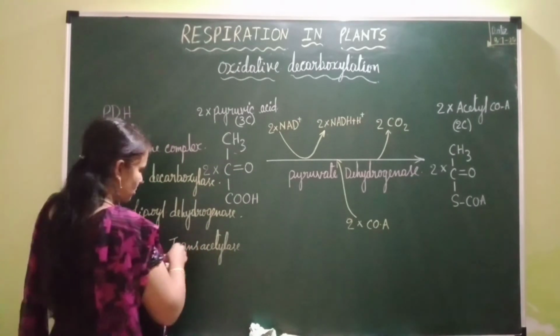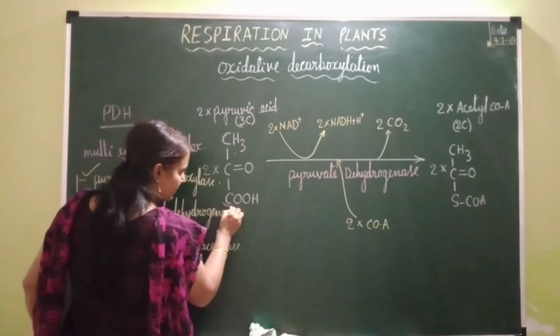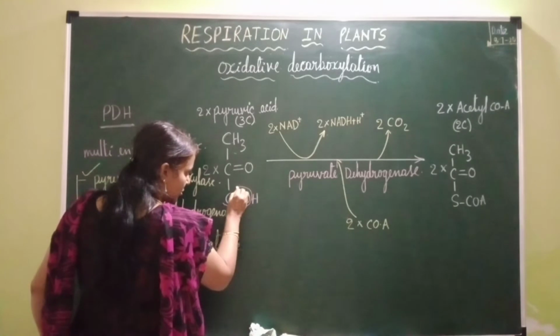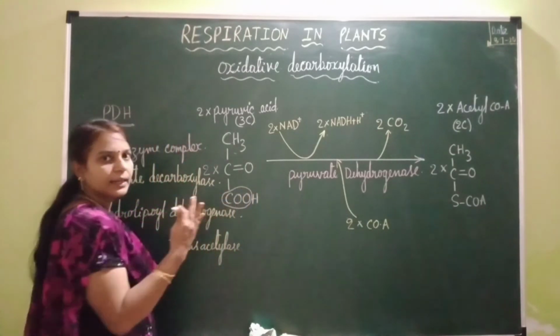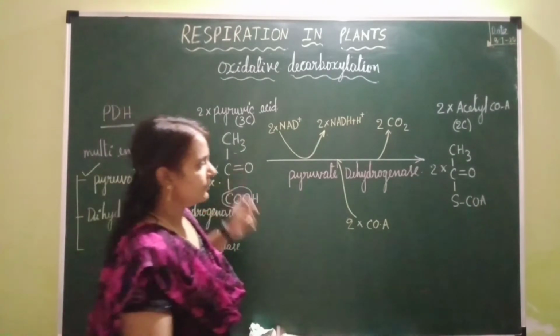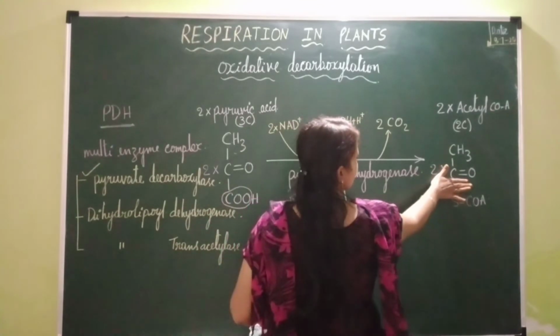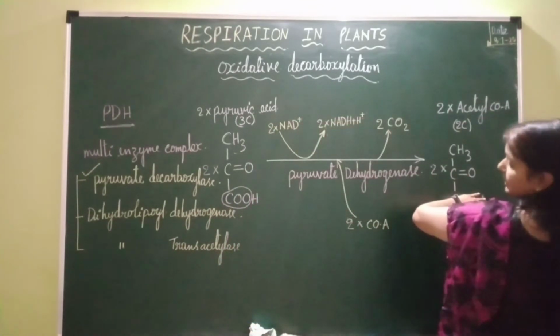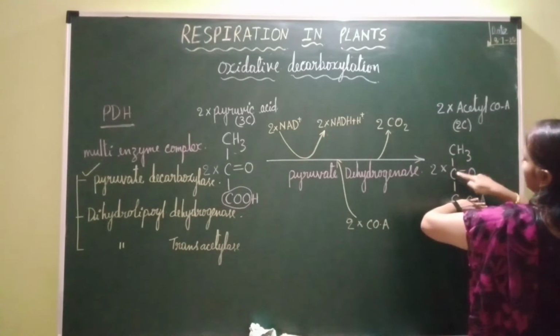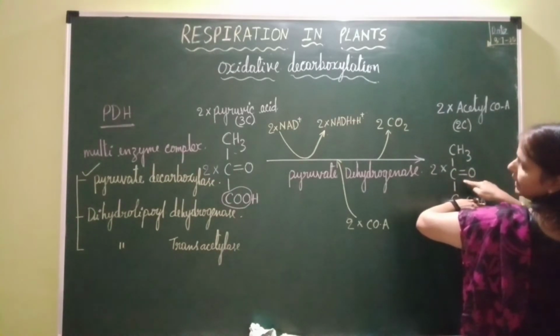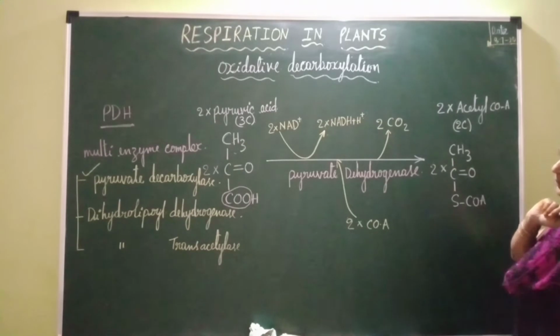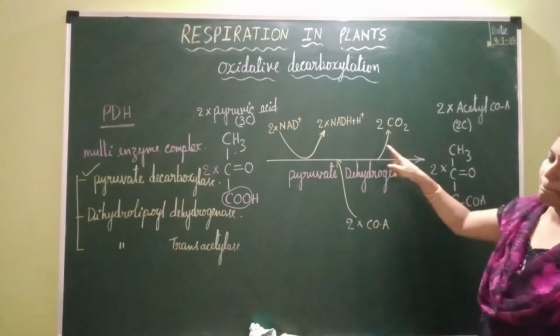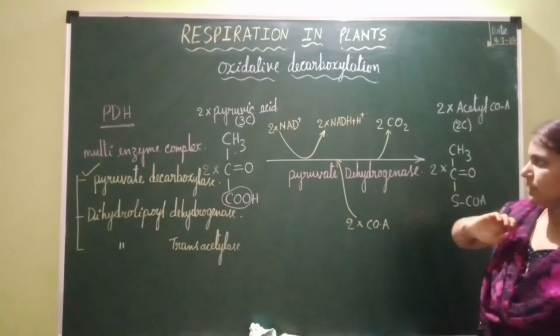This COO is released from pyruvic acid, which results in the formation of the acetyl group, CH3C double bond O. The acetyl group is formed by the activity of the enzyme pyruvate decarboxylase.